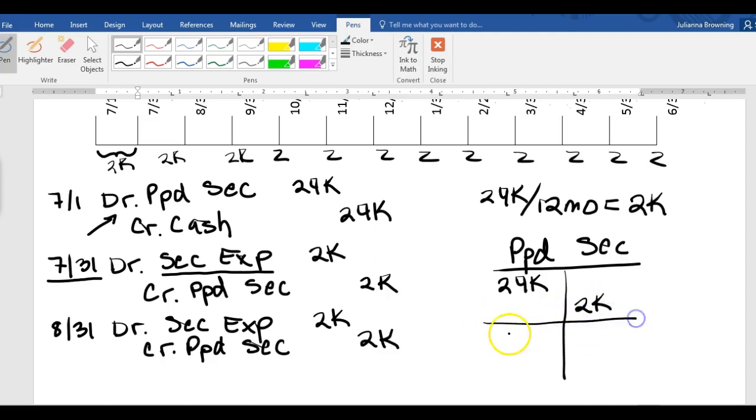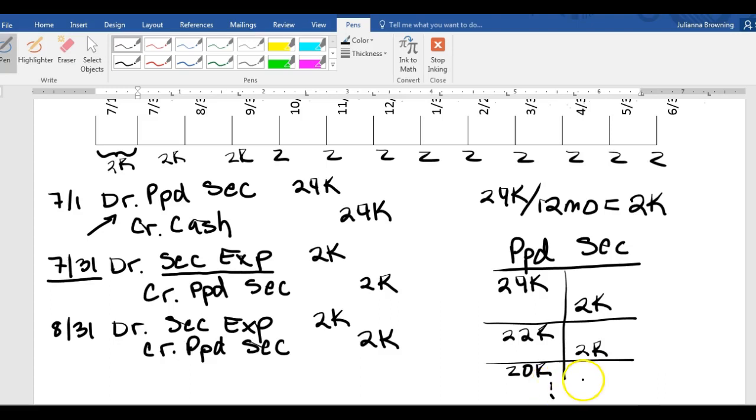So our balance at the end of July within the asset account is $22,000. Then we do it again at the end of August. And so on and so forth until at the end of June, our asset balance is 0. Our total expenses have been recognized, and we can start over with a new contract.